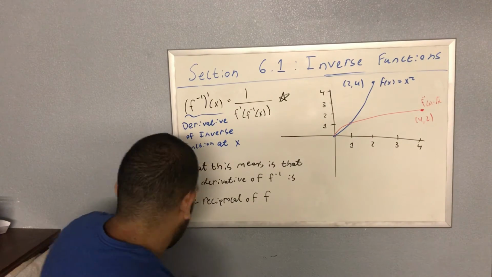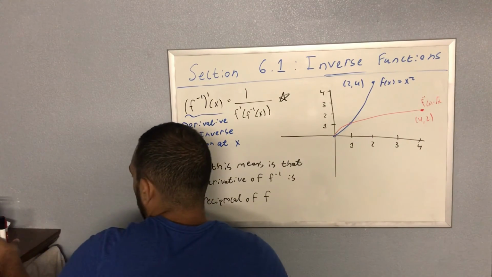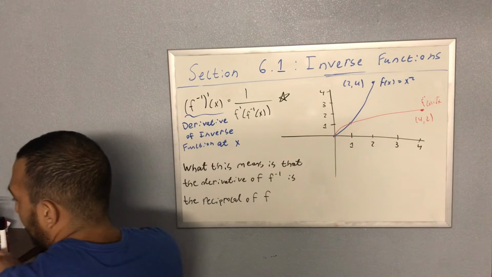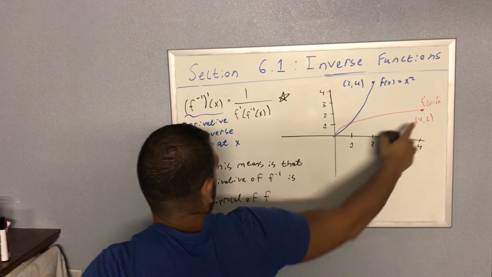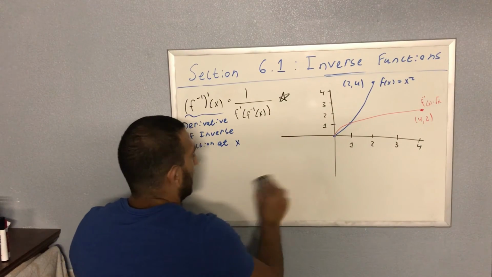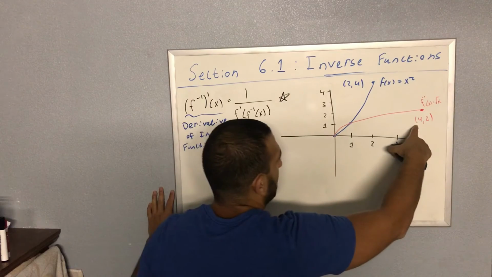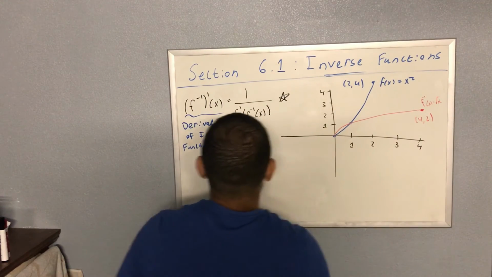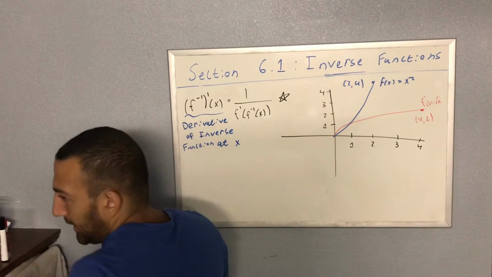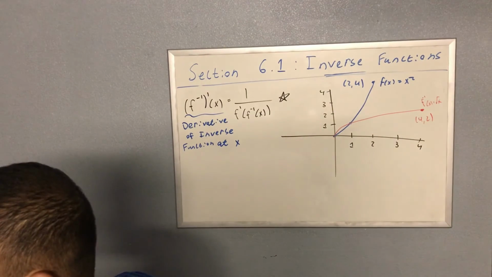So then, if you want, for example, to know the derivative of the square root function at the point 4, say you want to get that derivative.